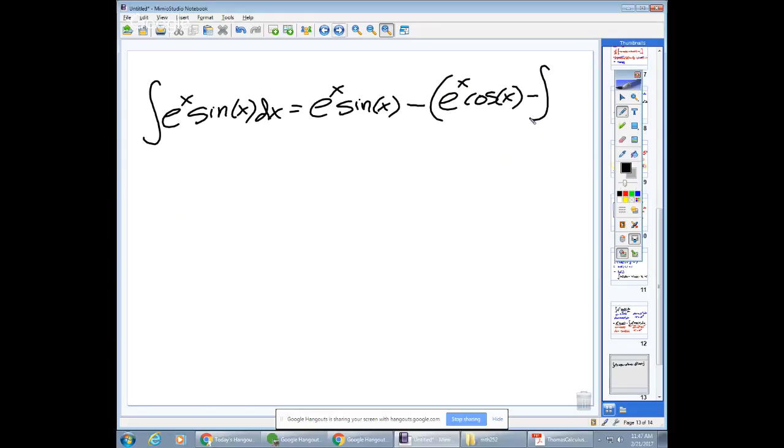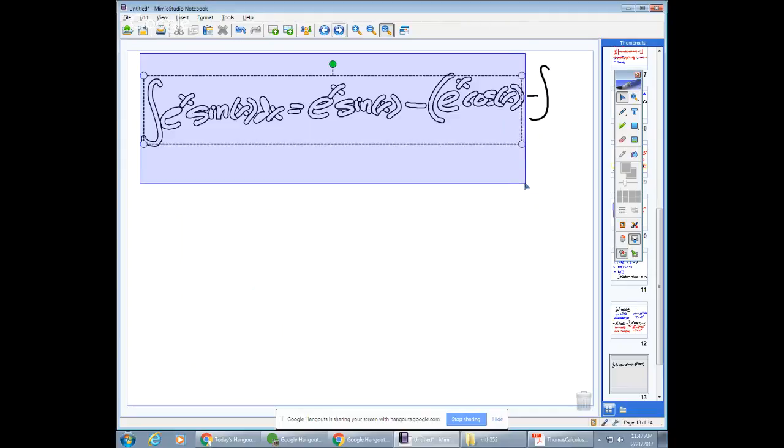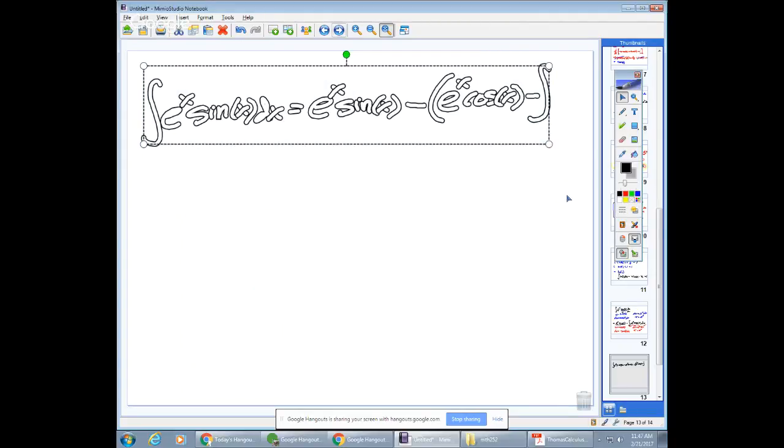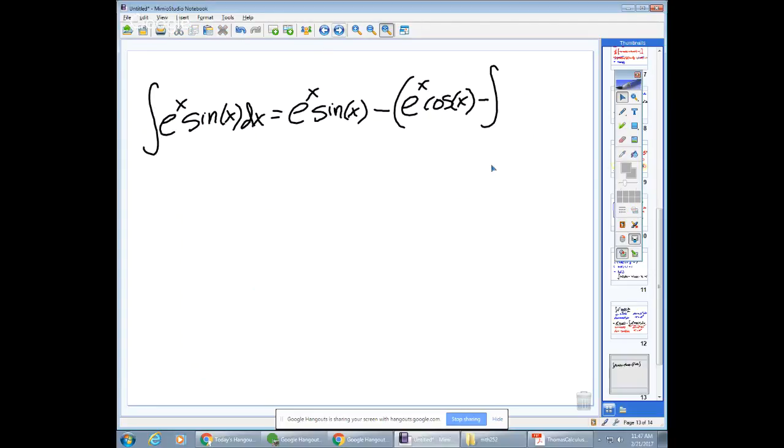So integral, and I should have left more space. Can I compact that? Perhaps. Excellent. So now I have in here a negative e to the x sine of x. Oh, dx, just barely fit it.